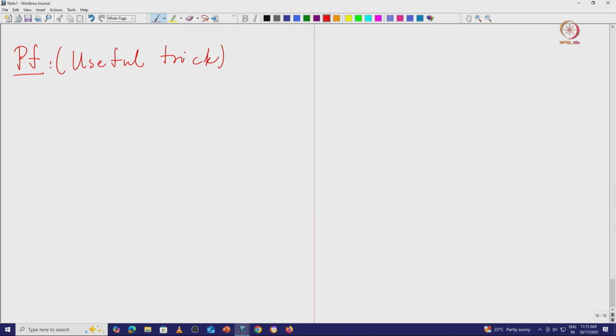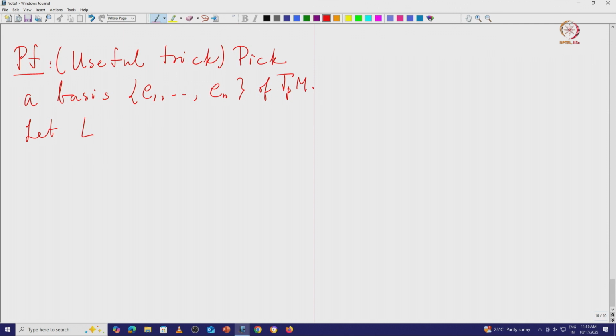So we pick a basis E1 up to En of the tangent space to M at P, and let E_i(t), capital E_i of t, be the result of parallel translating the ith basis vector to gamma of t.